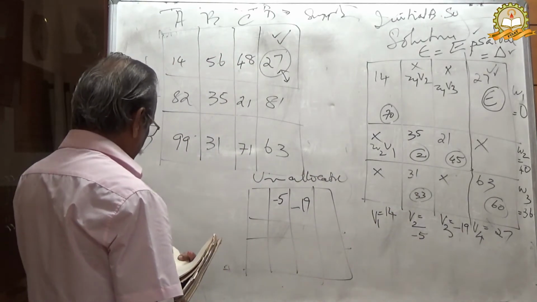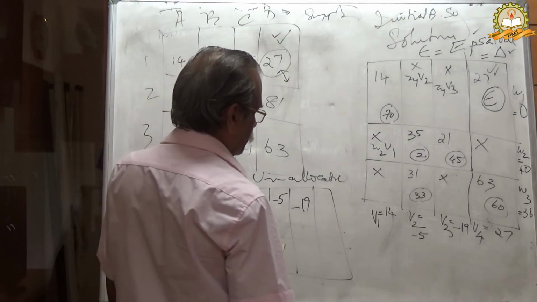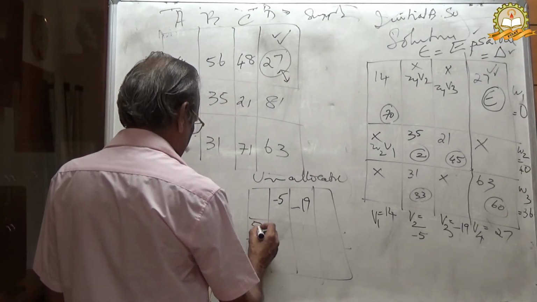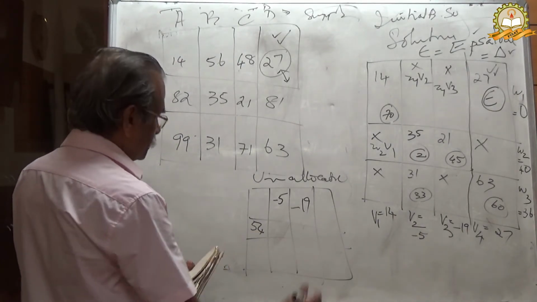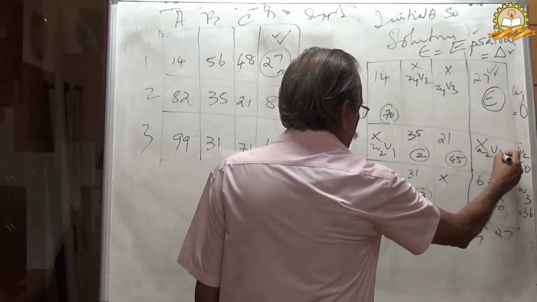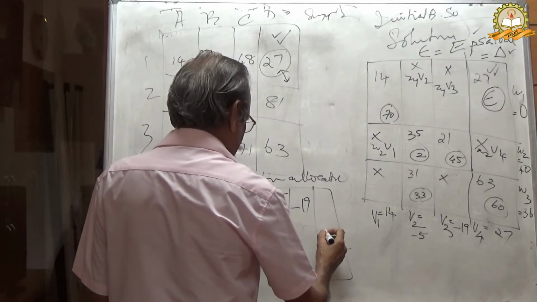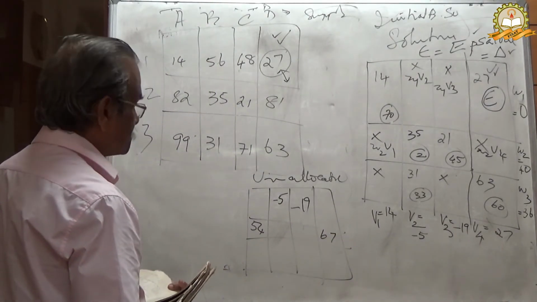U2 equal to 40, V1 equal to 14, you have 54. Then this one U2 V4, U2 40, V4 27, 67.